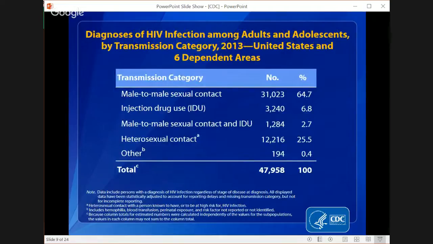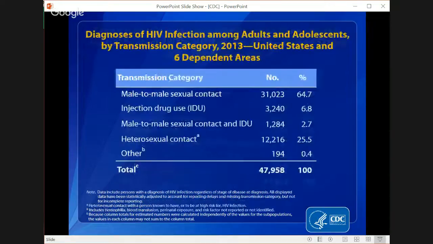More person characteristics, this being transmission category. This is just showing you the proportion of HIV diagnoses. So most HIV diagnoses are thought to occur among gay men, followed by transmission occurring via heterosexual contact.